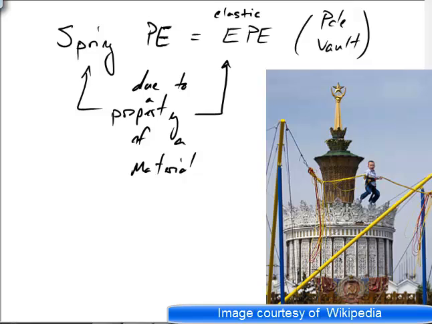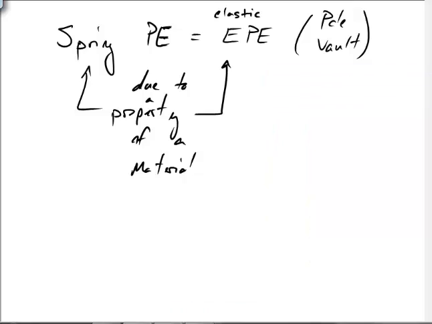It will return to its original length if you compress it or if you stretch it. That's due to this property of elastic. And so, for short, we'll probably call it SPE. And just like in Chapter 2, we'll say it's half kx squared. And once again, I imagine that some of you are still going to be calling this thing EPE.